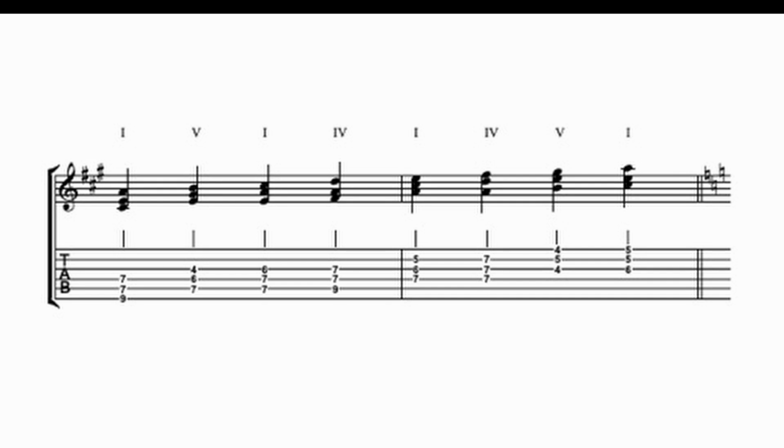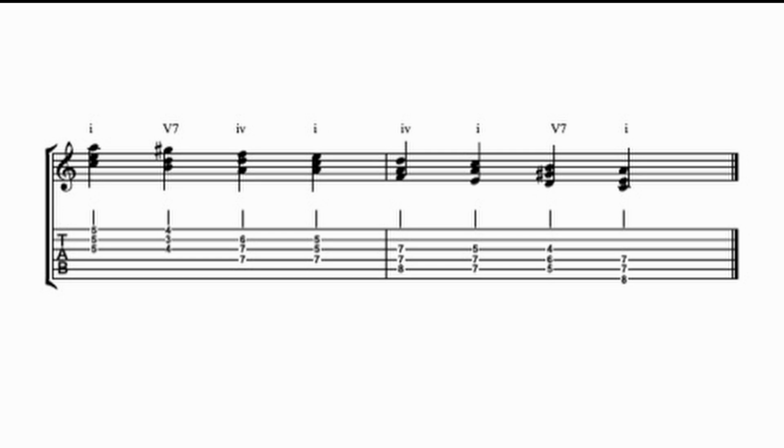The parallel minor key of A minor descending in the A harmonic minor key using the 1-chord minor, the 4-chord minor, and the 5-chord dominant seventh.